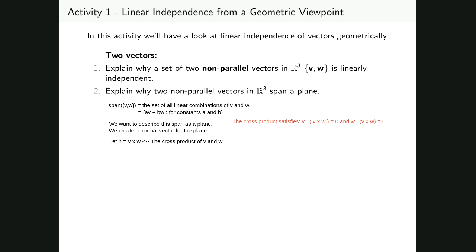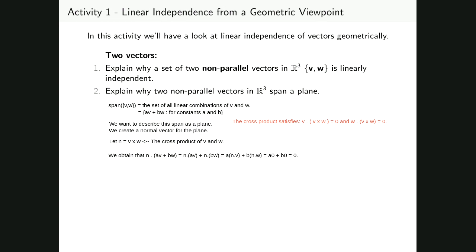Right, so we'll take our normal, dot it against Av plus Bw, and get n dot Av plus n dot Bw. Right, and that'll be A times 0, B times 0, which will all zero out.